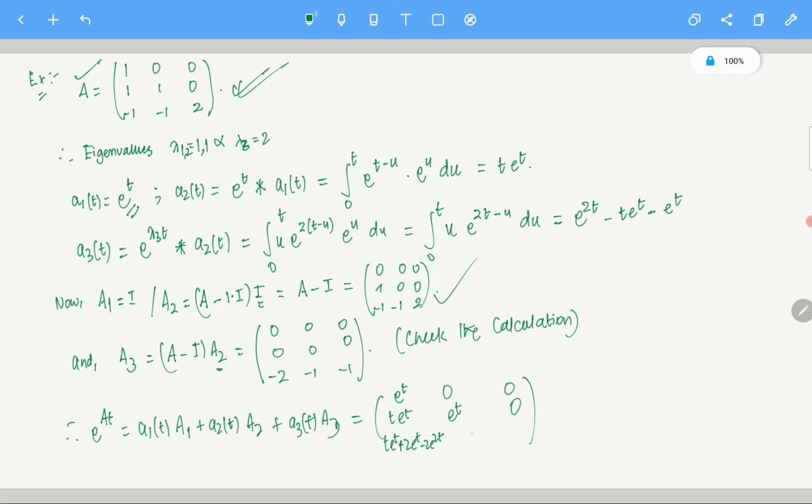And this is e power t minus e power 2t. And this is e power 2t. Clear? So you are done. So basically that's your exponential At. So I hope this is very clear to you. It's just some calculation, but it will give you a very clear cut example.